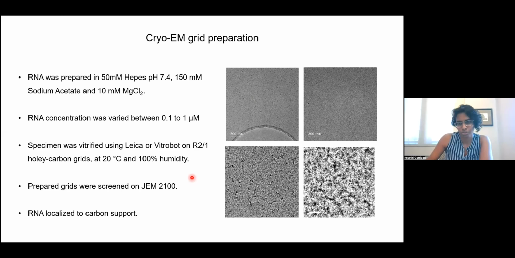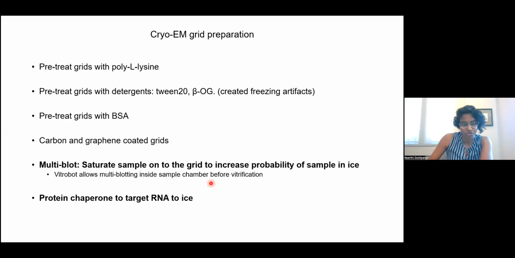So to overcome this problem, we tried a few techniques. We pre-treated the grids with polylysine. That's basically because we're trying to neutralize the charge. Maybe since RNA is heavily negatively charged, we thought maybe there's some kind of repulsion. We could alleviate that problem with polylysine treatment. We treated the grids with detergents.